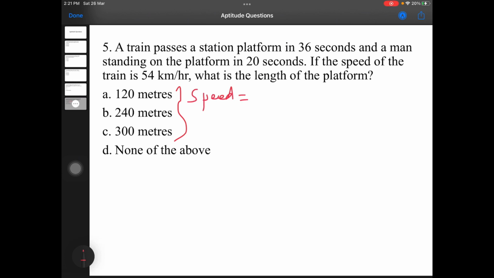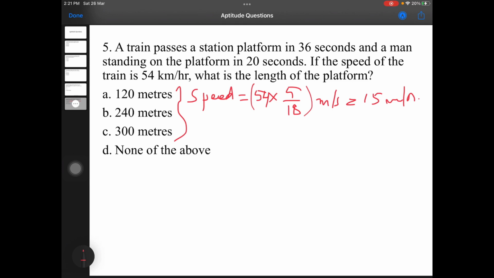So the speed of the train is given as 54. We have to multiply 54 by 5 by 18 in order to convert it to meters per second. If we multiply this, the answer will be 15 meters per second.